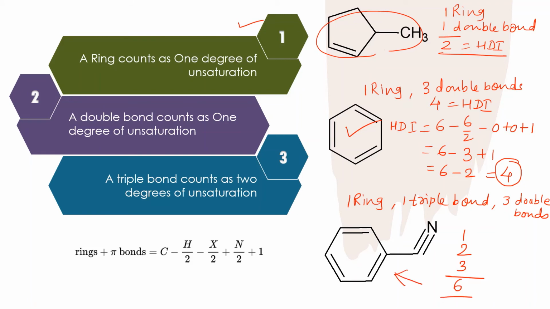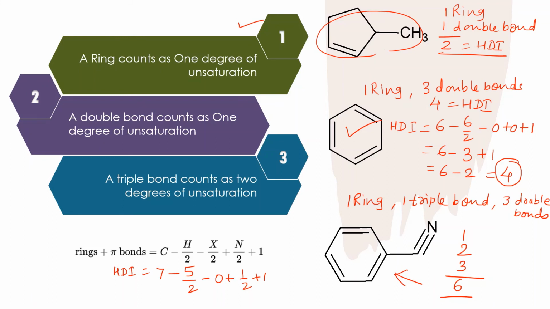If you want to cross check, HDI is equal to number of carbons. How many carbons are there? 6 here and the 7th one here. So 7 minus hydrogens, 5 hydrogens are there, so 5 by 2, minus no halogen, 1 nitrogen there, so plus half, plus 1.